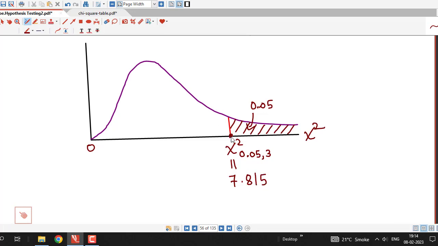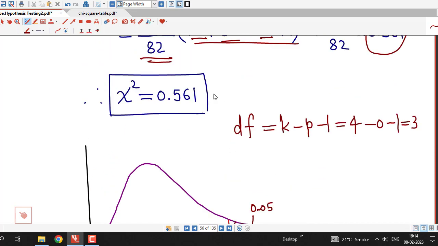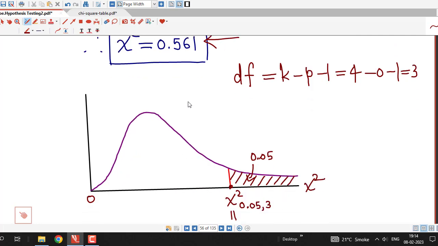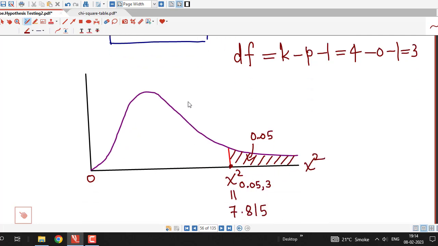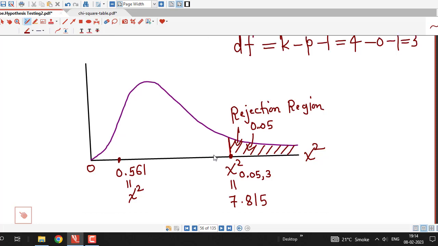Now we compare the calculated value of the test statistic with this value. The calculated value of the test statistic is 0.561, so you can see 0.561 might be somewhere here. And we know that if we are considering the area to the right of this critical value, then that region is the rejection region, and the area to the left of this point is the non-rejection region.